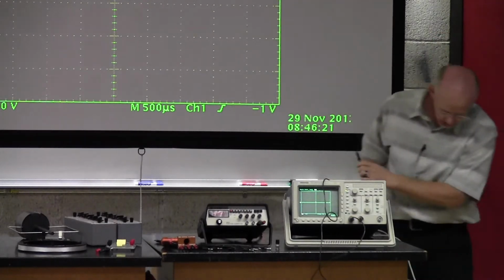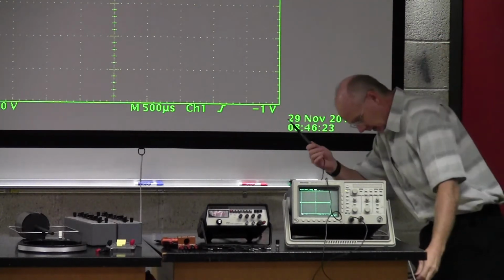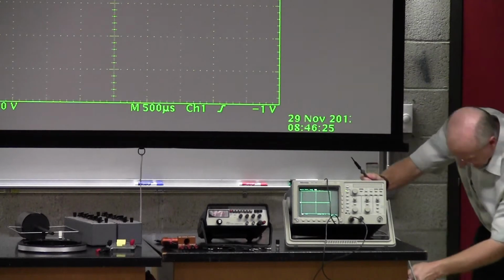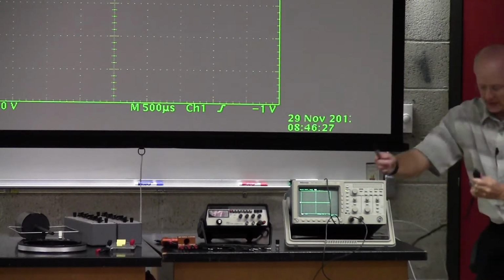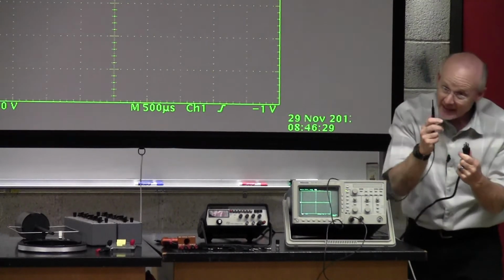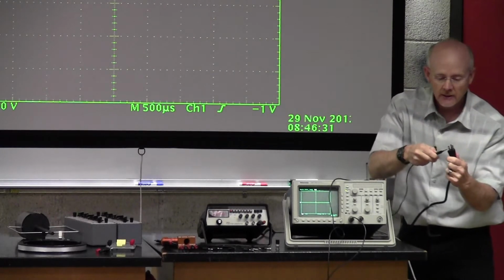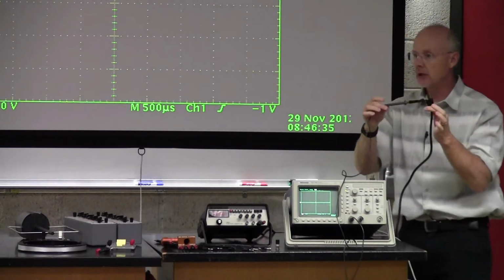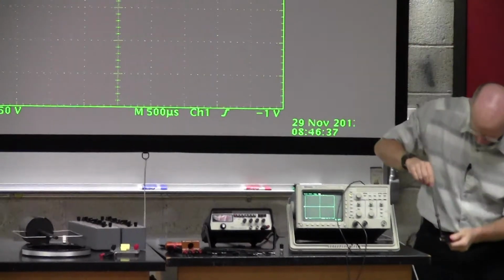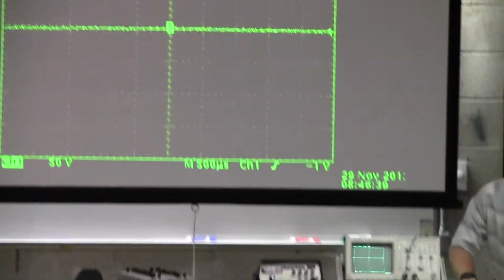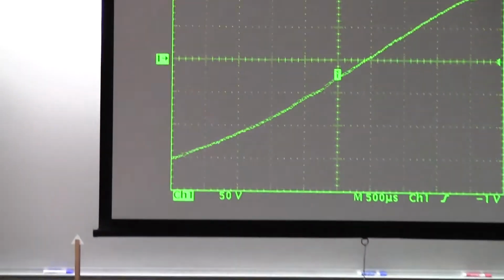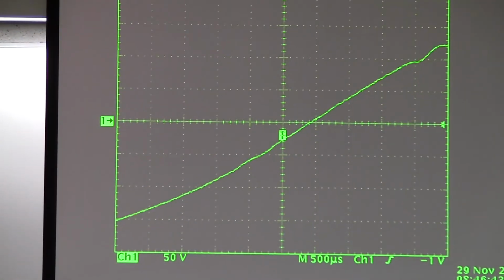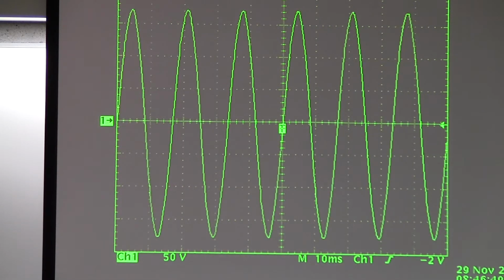Now I guess my plug is over here on the side, so you may not be able to see it, but here's what I'm going to do. I'm going to take this little hook and I'm going to grab onto that plug. And that way, when I plug it in, I can ask myself, what is the voltage that I'm getting?